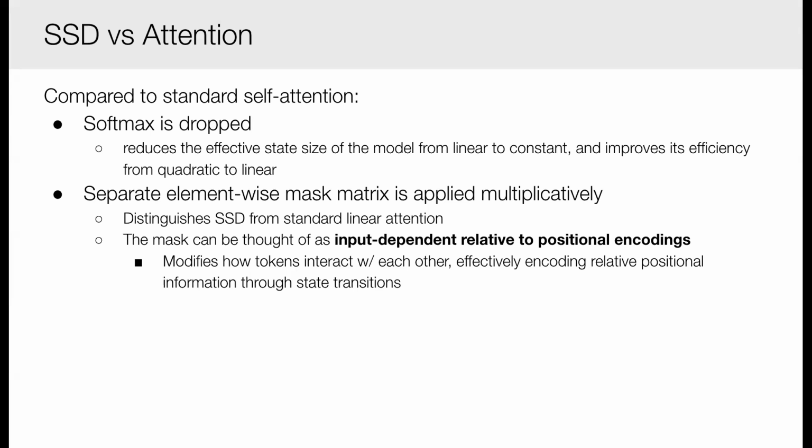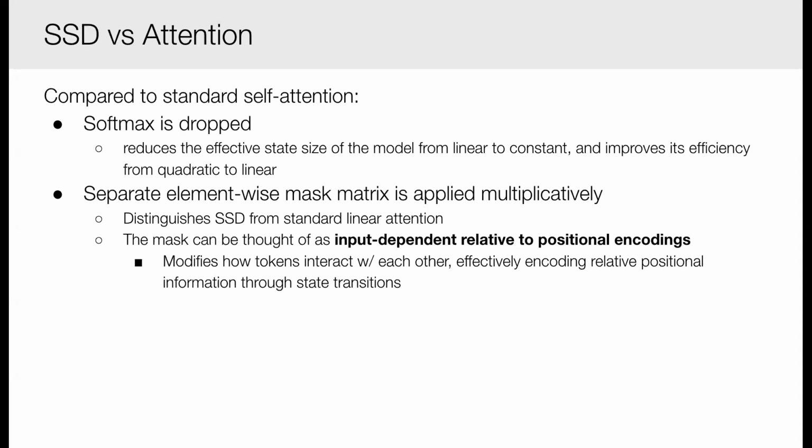So when you're comparing it to normal attention, like in Vaswani's paper, Attention Is All You Need, softmax is obviously dropped. Instead they have an element-wise mask matrix, their quote unquote attention matrix, which was the L that you saw earlier. And this mask is input dependent relative to your positional encodings.